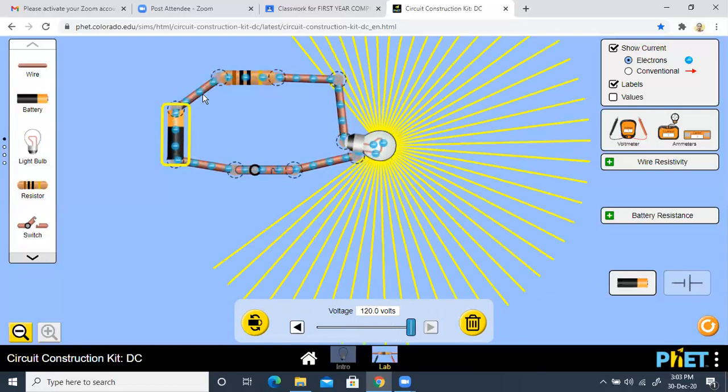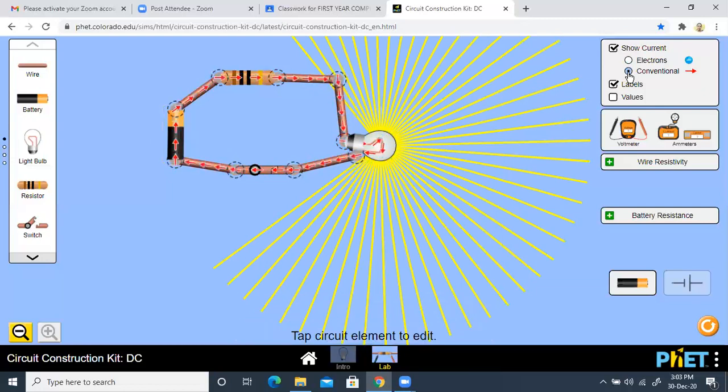Similarly, if I consider the direction of the conventional current, see I have changed here into the direction of conventional current. In case of conventional current, the direction is opposite to that of the direction of electrons. See, this is clockwise direction, right?